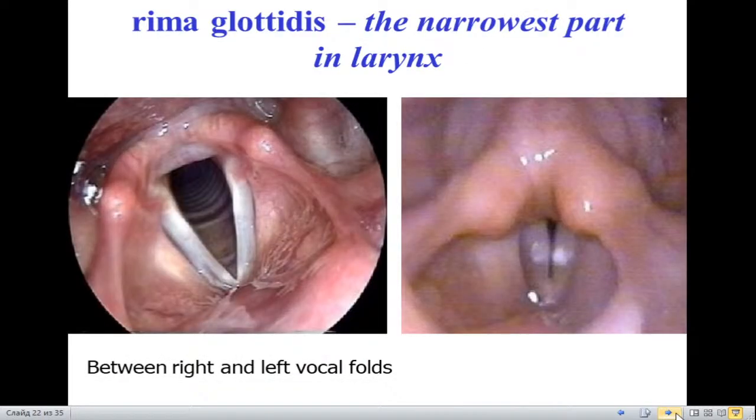Here you can see the picture observed in laryngoscopy, the visual examination of the larynx, and here you can see how the vocal folds look, the right and left vocal cords.